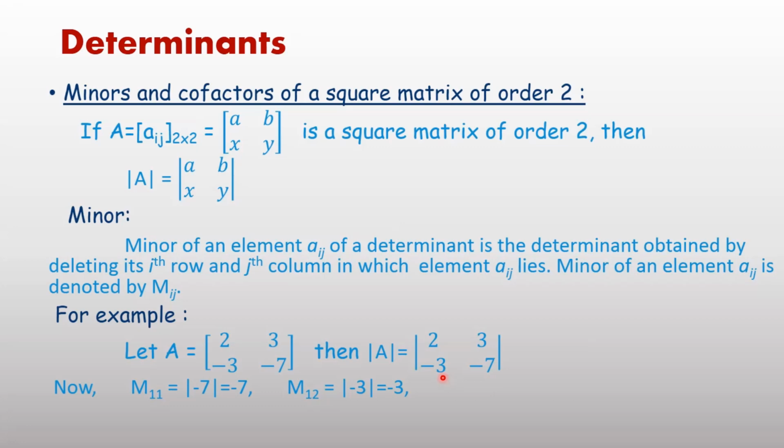What remains? Minus 3. Its value is minus 3. M21 means delete second row and first column. What remains? 3. The value of M21 is 3. M22: delete second row, second column. What remains? 2. The value of M22 is 2. In this pattern, you can find the value of the minor of an element of a determinant.